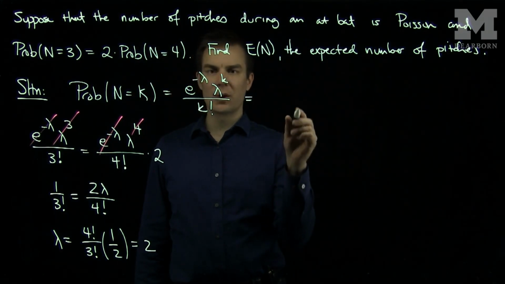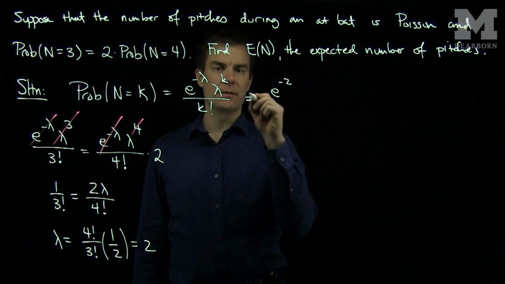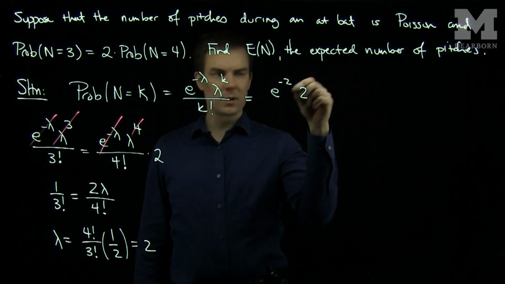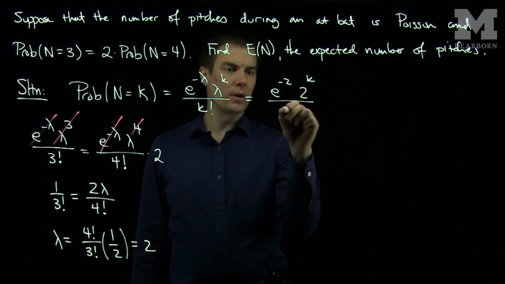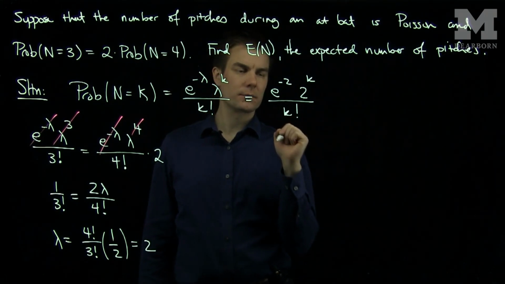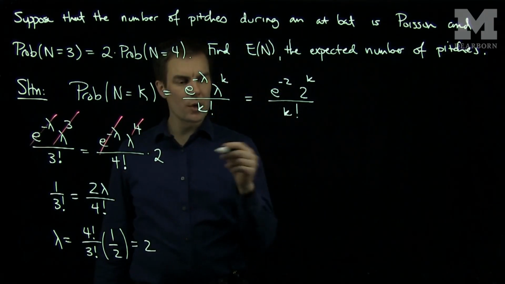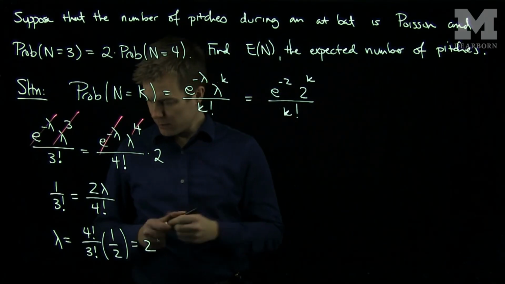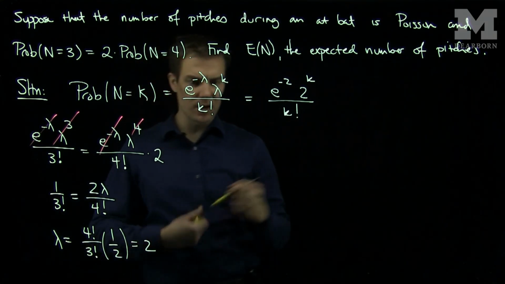So the probability that n is equal to k is going to be e to the negative 2, 2 to the power k over k factorial. And so now let's recall a property of Poisson random variables.